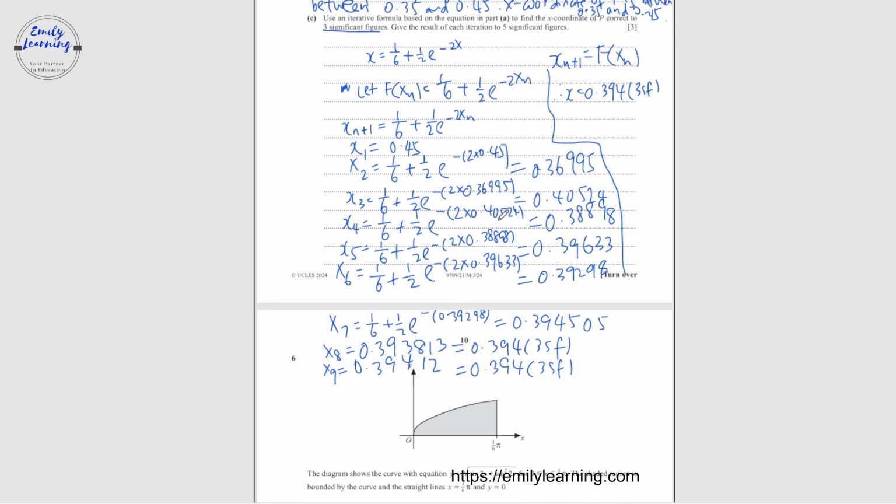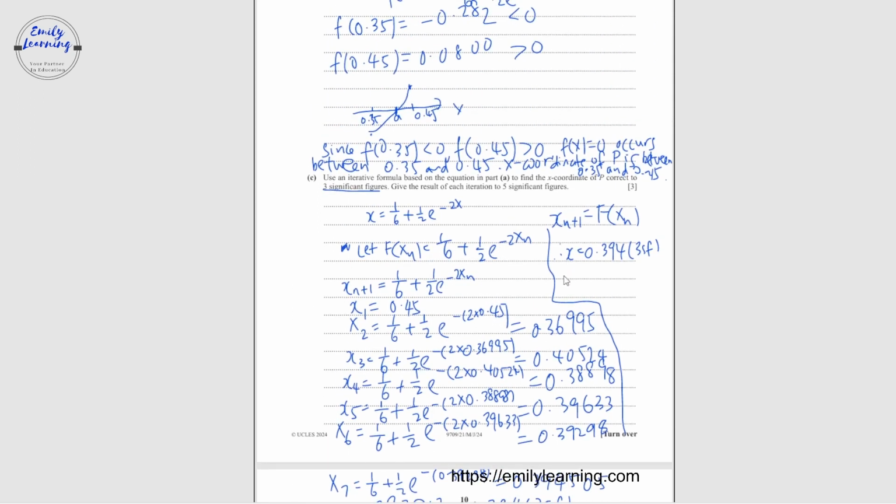To check, I can substitute 0.3945, so I can find what f is using this equation here. Okay, I'll use f(0.3945) and find out what f(0.3935) is. See whether I have one positive and one negative. Okay, so let me do that.